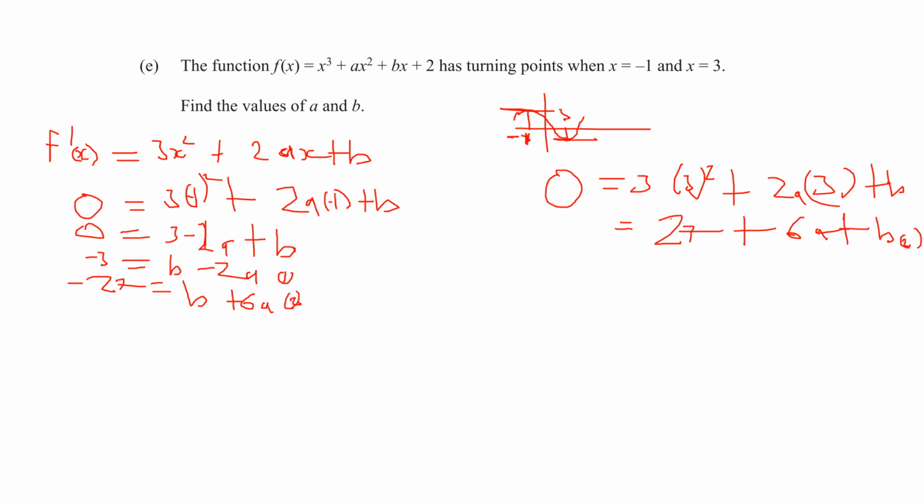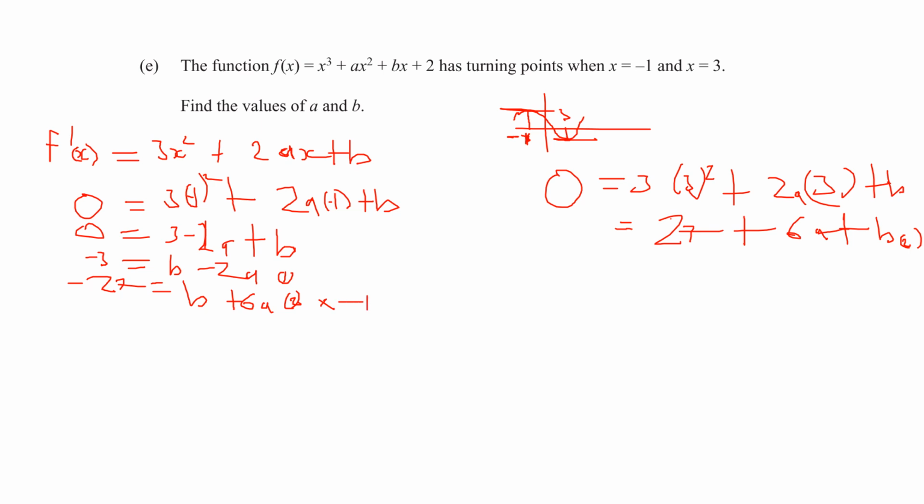How do we solve simultaneous equations? We can either move the 2a here and make b equal to 2a minus 3, or we can simply try to eliminate a variable. The quickest way to eliminate would be multiplying equation 2 by minus 1.